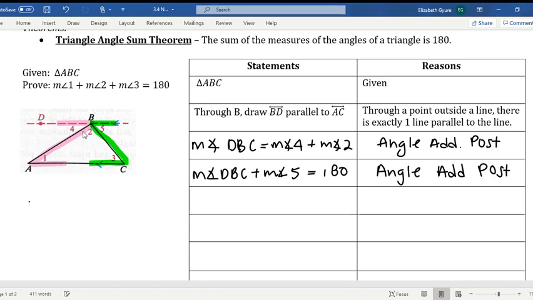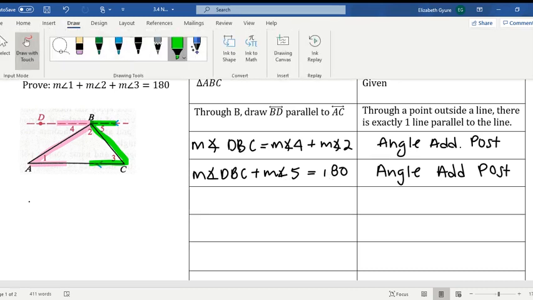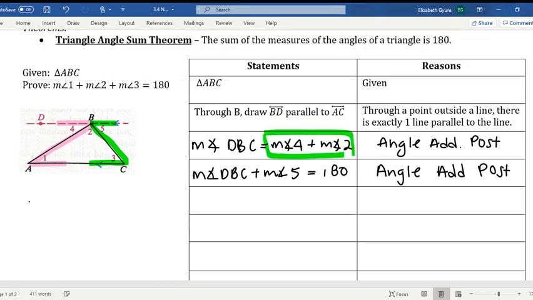Okay. Now the reason behind this, right now we have two angles adding to be 180, but in this line here, doesn't angle DBC equal the measure of angle 4 plus the measure of angle 2? So what could I do with that information to rewrite my equation, Maya?